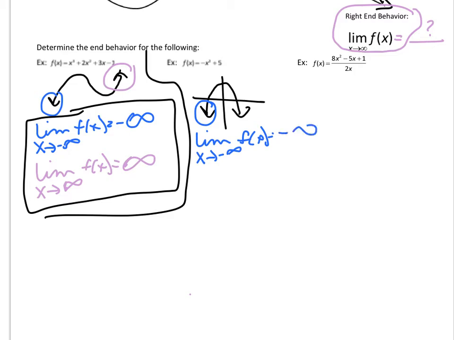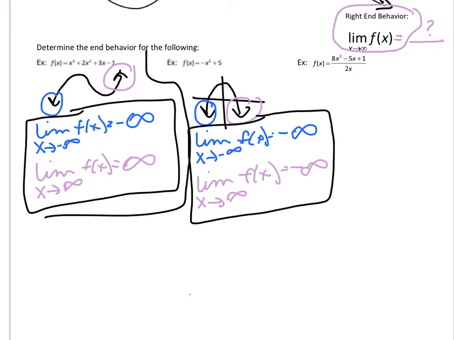It's going towards negative infinity. My right end behavior, as x is getting bigger, it also is pointing down, which means my y values are getting smaller, so it's going towards negative infinity. And those are my left and right end behavior.